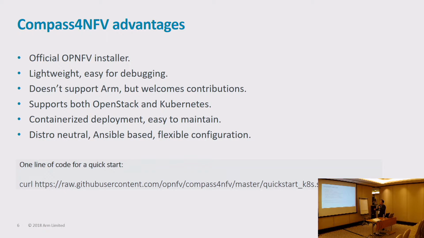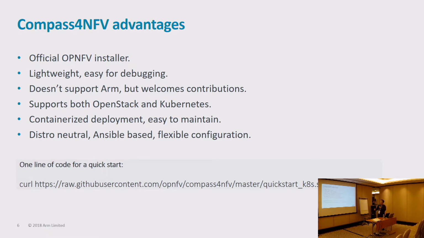It's easy to debug. You can use command lines to check all the logs, and everything is just here. If you find some bugs, you just check the logs and dig into the details. It's easy for newcomers. It doesn't support ARM, but the community welcomes contributions.